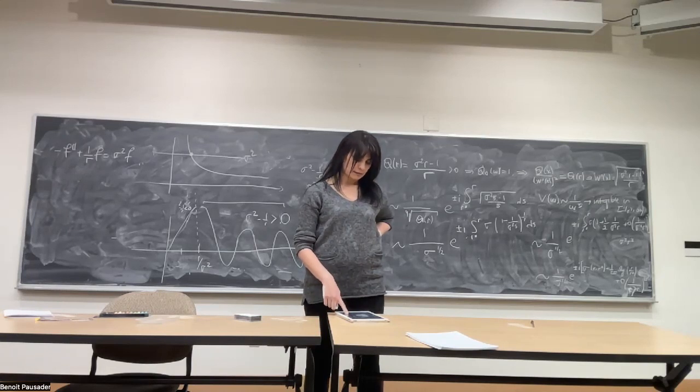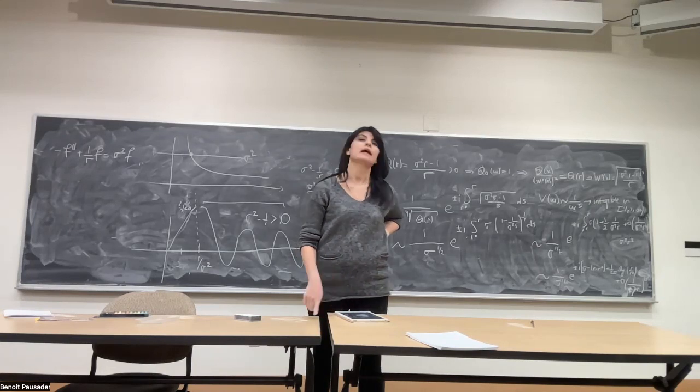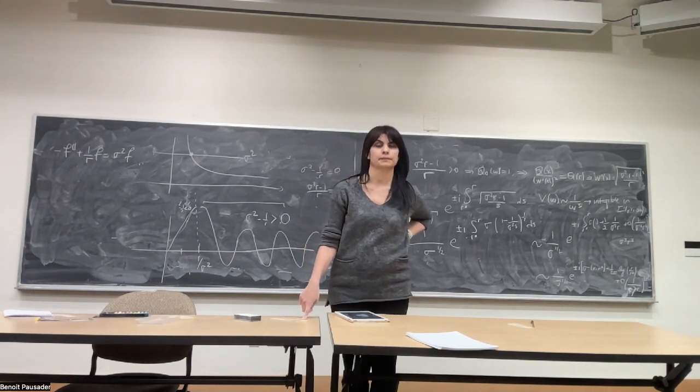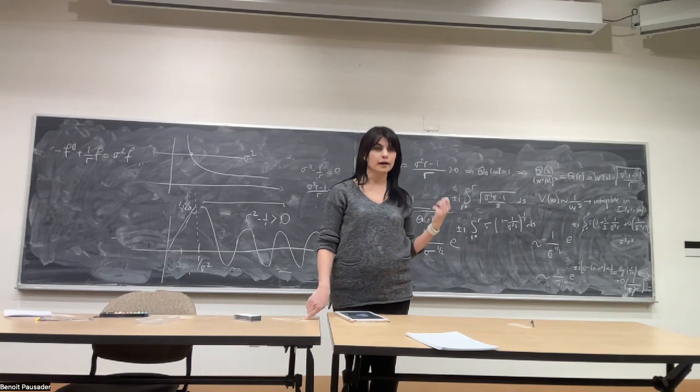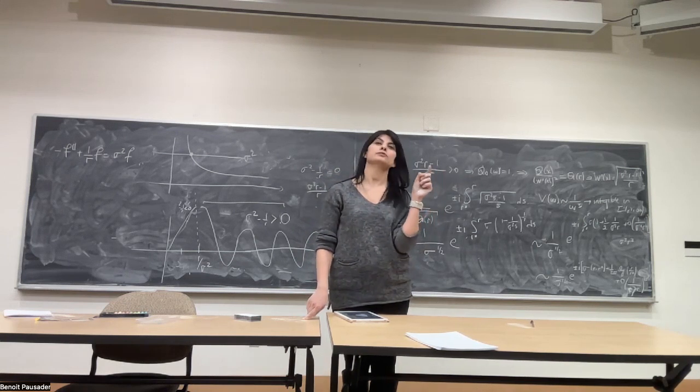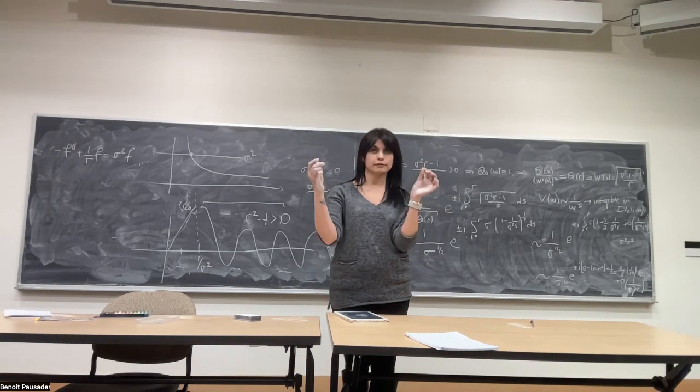But what would kill us if we found the potential 1 over W to the 1/2? That would be a killer because that's not L1. Yes, I understand what you're saying, but in terms of R, we found it 1 over R to the 3/2, right? And if we think about it from 0 to wherever, it's not integrable.